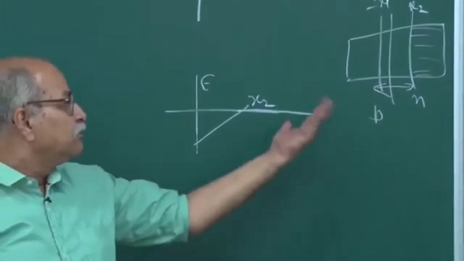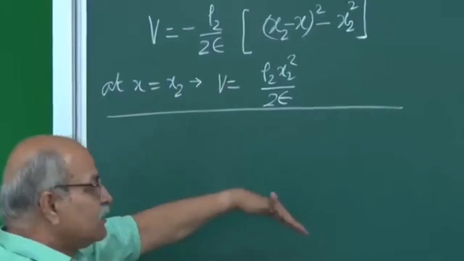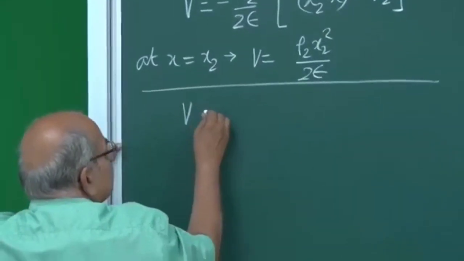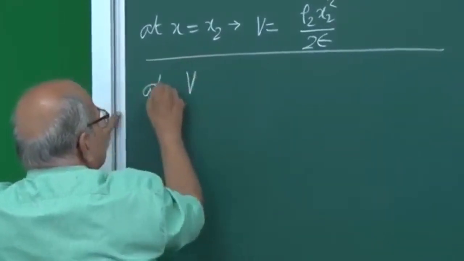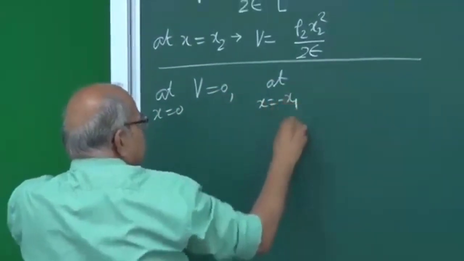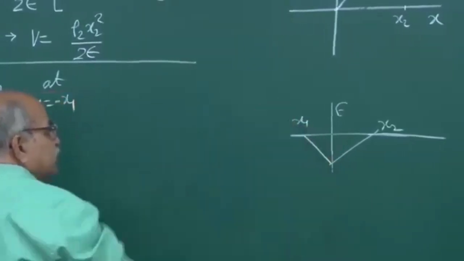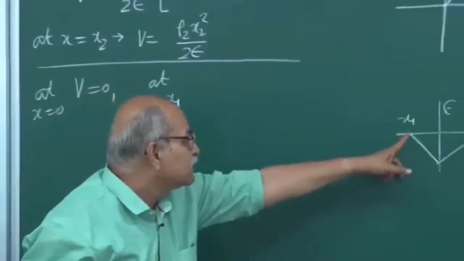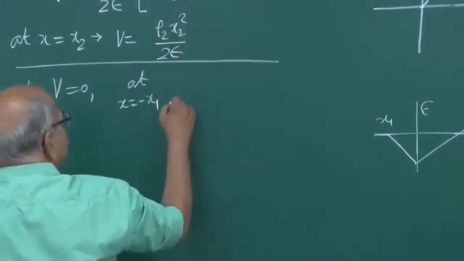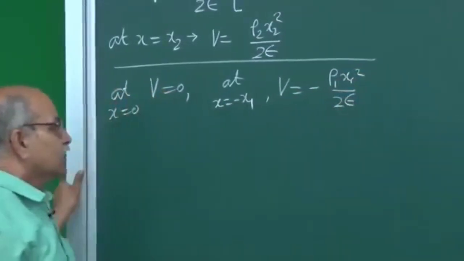Same is the story on the p side, x less than 0. If you write it, it is the same algebra, identical, and this v will be 0 at x equal to 0, we have taken that anyway, and at x equal to minus x1 it should be quadratic. Remember, the electric field is linear, so the potential has to be quadratic. At this point, you can take the similar expression: v is minus rho 1 x1 square by 2 epsilon.